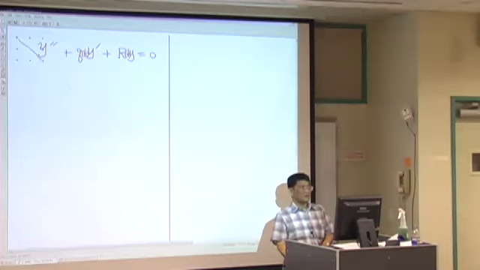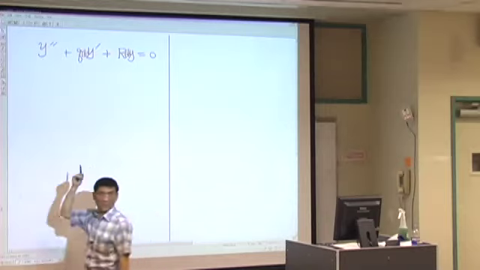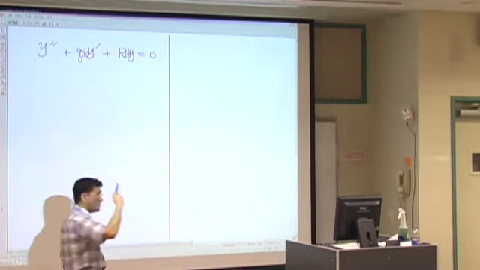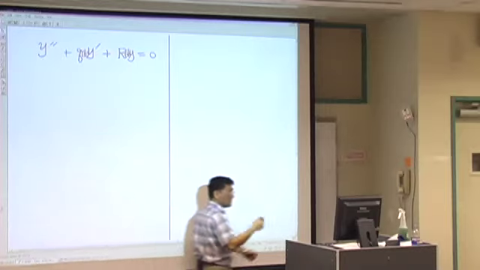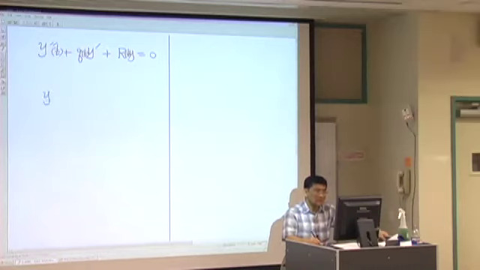Then how can you solve this kind of second order differential equation? There is no straightforward method to solve this one, but using the n-dimensional case, we can solve it. How? We write it by using two variables, right? So we call y of t equal to y1 of t, and then we call y primed of t equal to y2 of t.